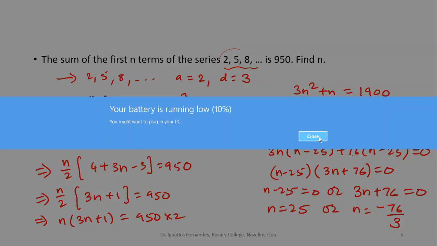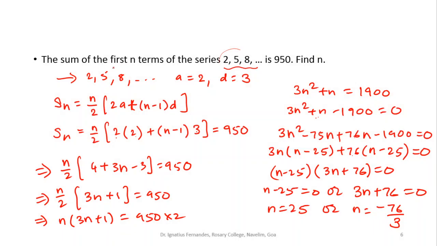Now what we are finding is how many terms, so we want n. This n cannot be negative, and it cannot be a fraction either. So this is out of the question. n has to be equal to 25. So the answer to this question, how many terms should I be adding of this arithmetic progression to get 950, is 25. n is equal to 25.